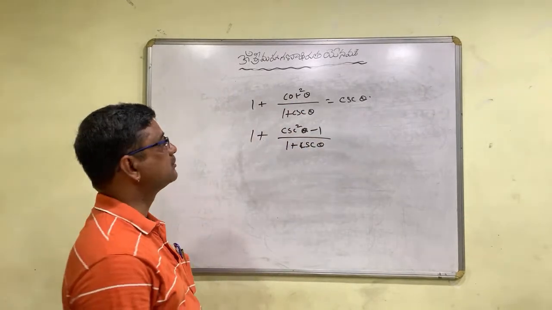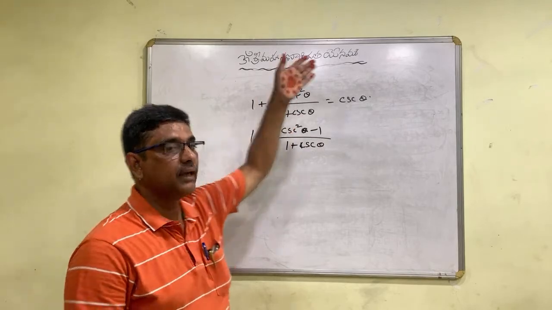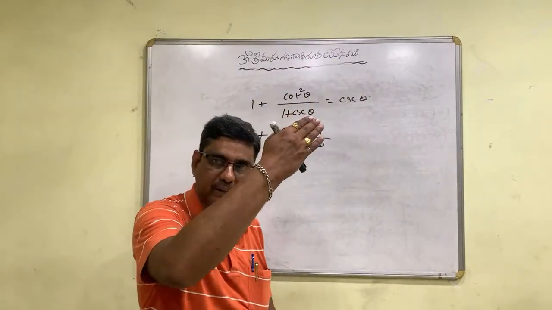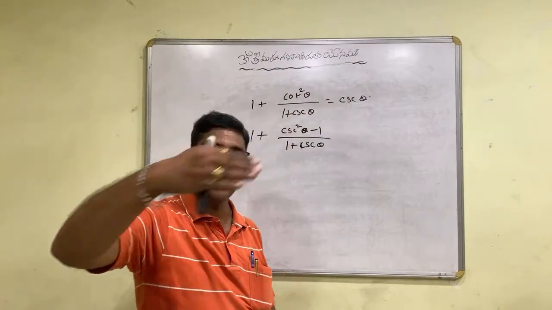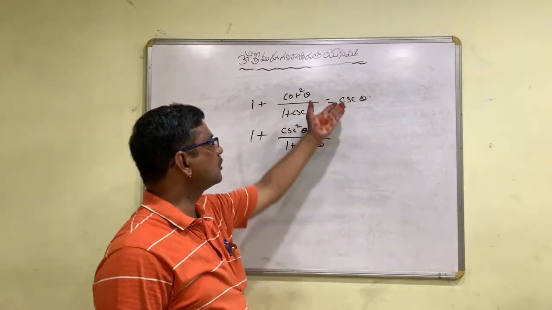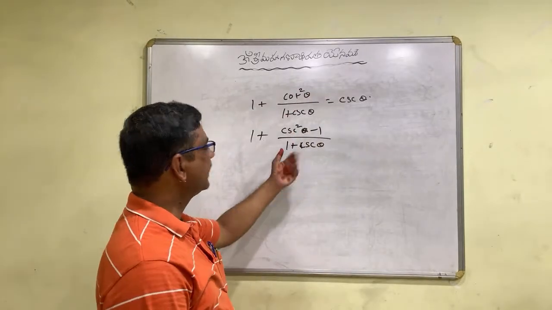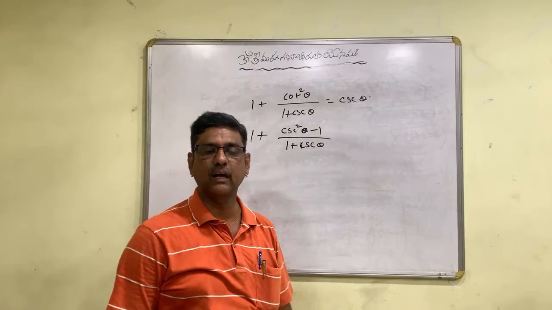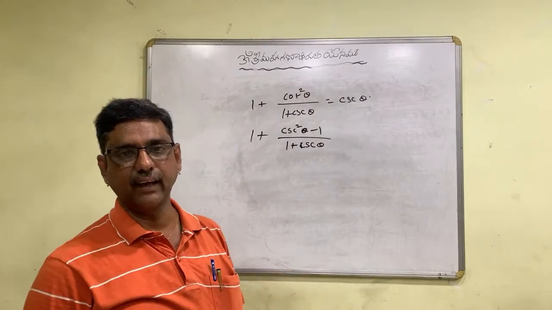Just look at the given problem and answer. Try to move toward the answer. Means we need to move in the direction of the answer we have. Answer is cosecant theta. So here in the denominator we have cosecant theta, and the numerator also we need to convert into cosecant square theta.